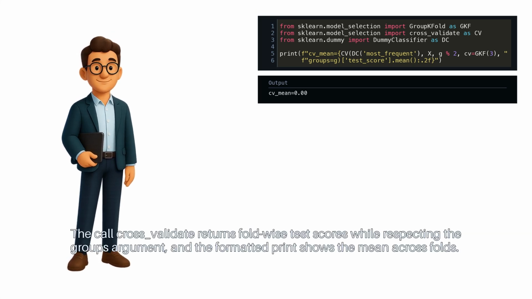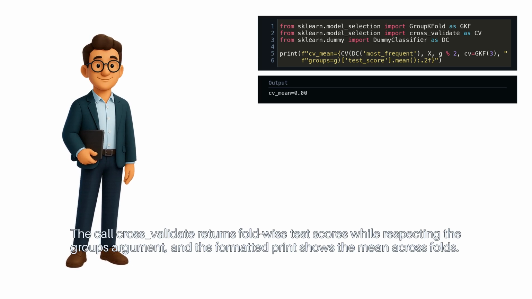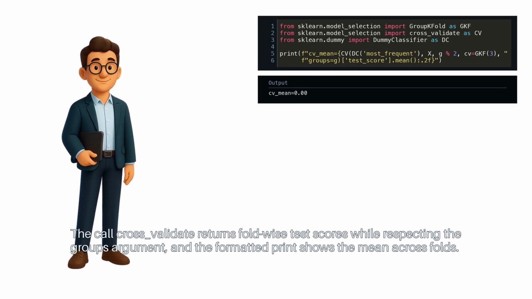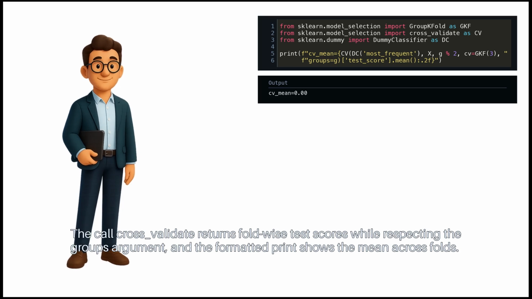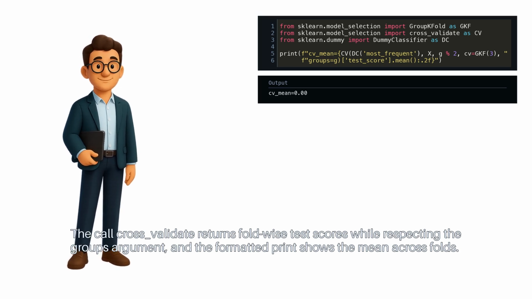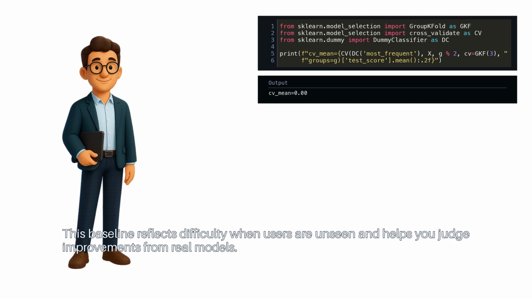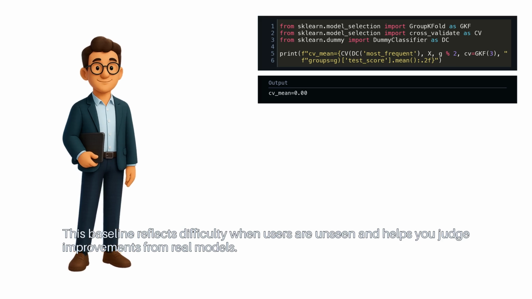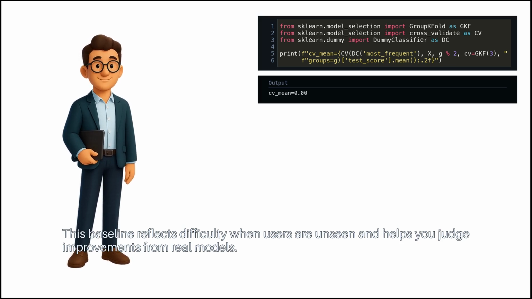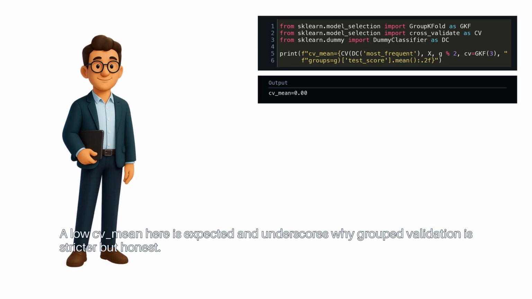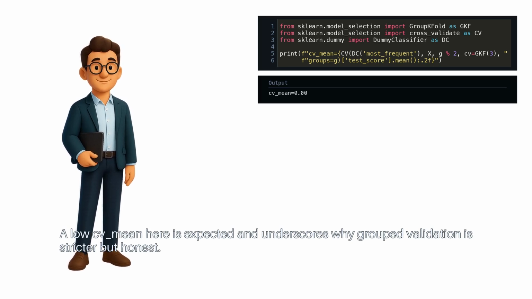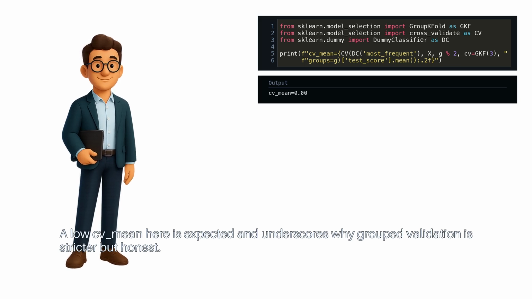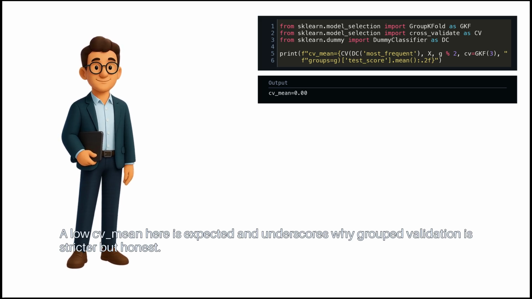The call cross-validate returns fold-wise test scores while respecting the groups argument, and the formatted print shows the mean across folds. This baseline reflects difficulty when users are unseen and helps you judge improvements from real models. A low CV mean here is expected and underscores why grouped validation is stricter but honest.